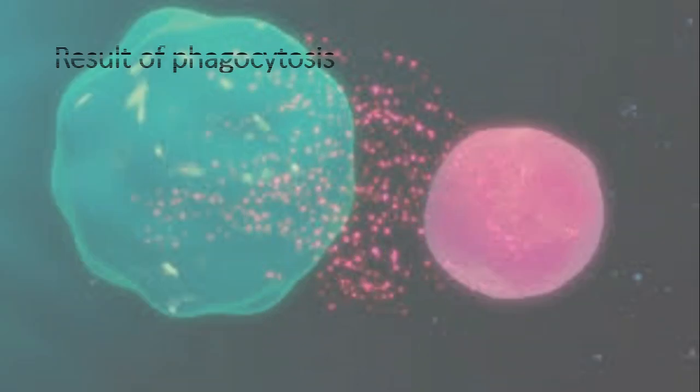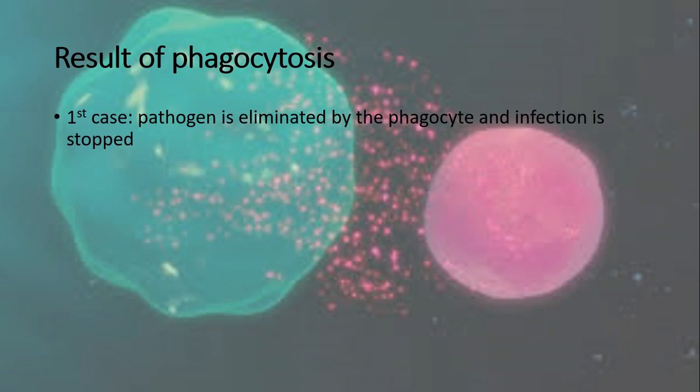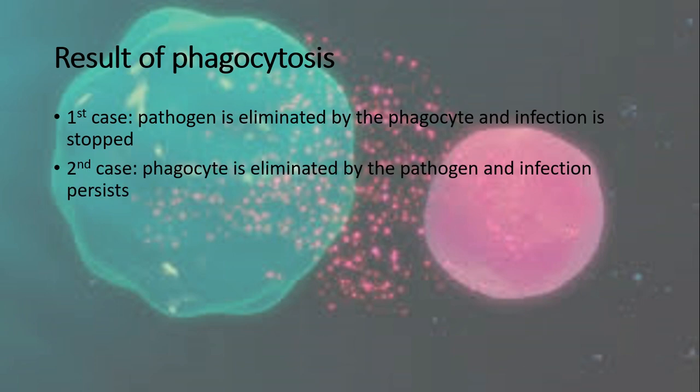pathogen. For the result of phagocytosis, we have three possible results. In the first case, the pathogen is eliminated by the phagocyte, destroyed and digested by these lysosomes, and in this case the infection is stopped. In the second case, the phagocyte is eliminated by the pathogen and the infection persists. So either one will win.